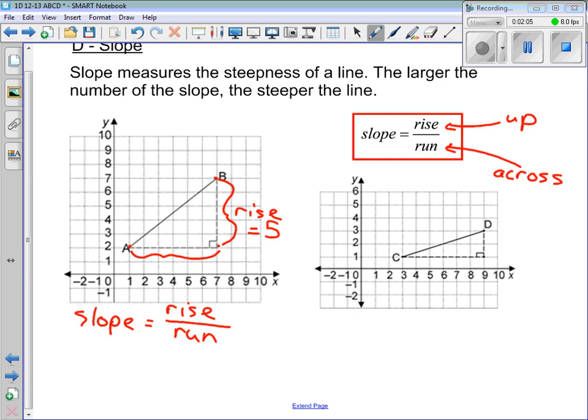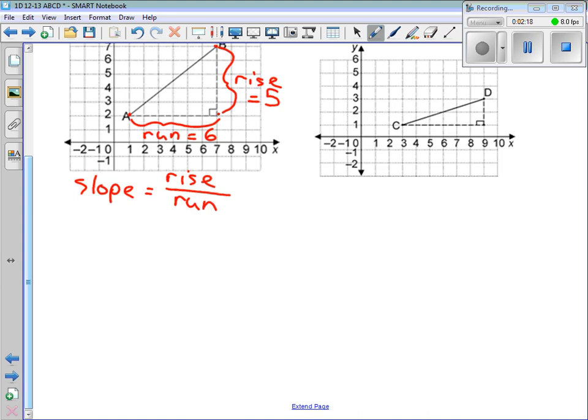Well, our run is the length of this line across the bottom. Let's see. Again, we can just count the boxes. 1, 2, 3, 4, 5, 6. So our run is going to be 6. So if we put this together, rise over run is 5 over 6. So for this line, our slope is 5 over 6.